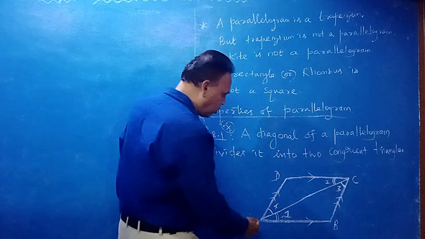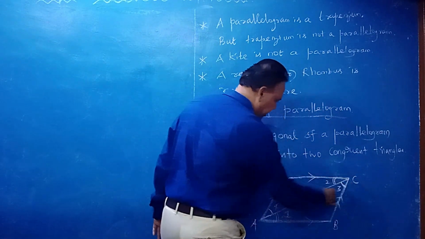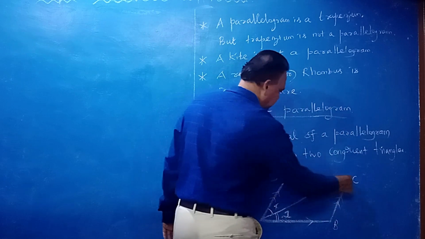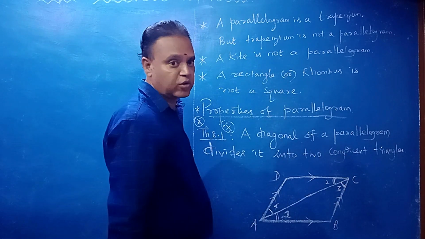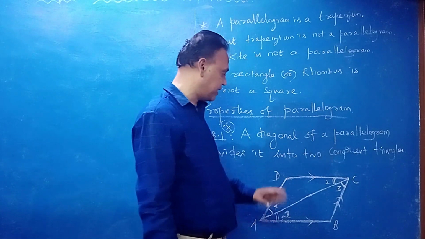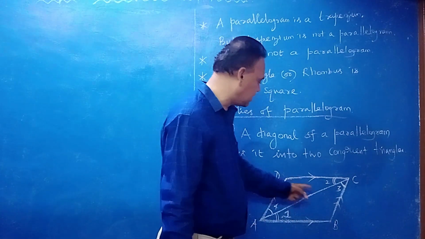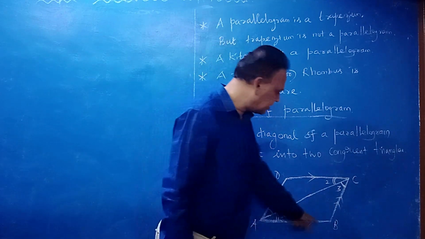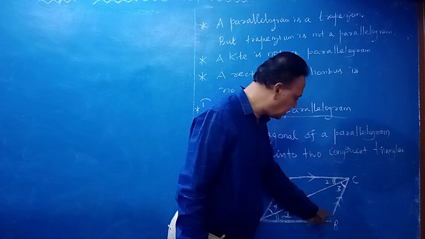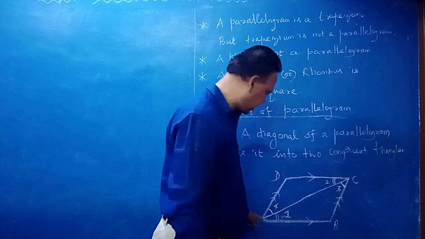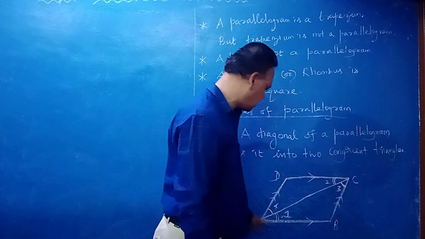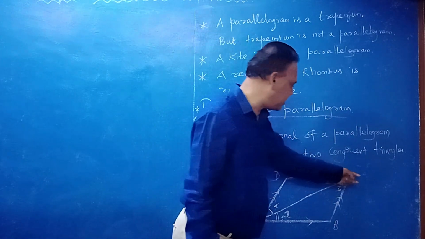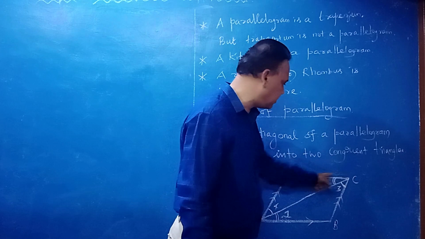Now you see, I am taking two triangles, triangle ABC and triangle ADC. You should not write ACD, because corresponding angles must match. Starting from A, going to B, then ending at C; the same way, starting at A, come to D, then ending at C. You should not write ACD, that is wrong.